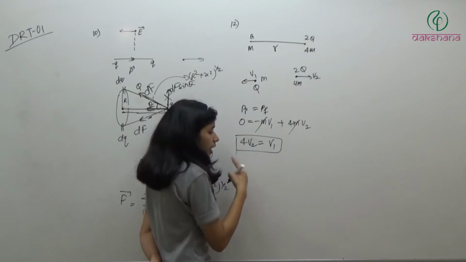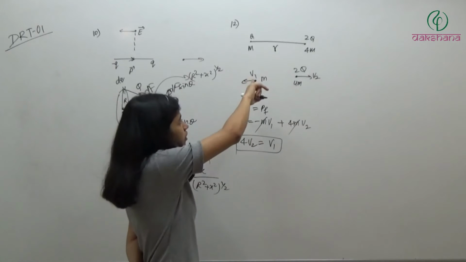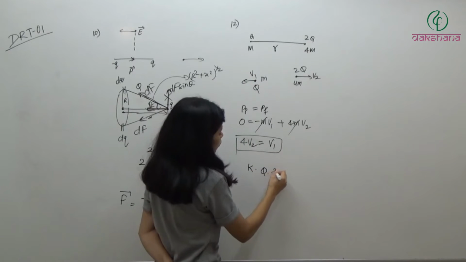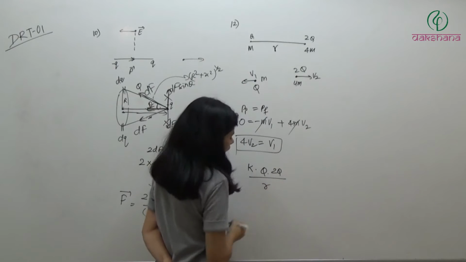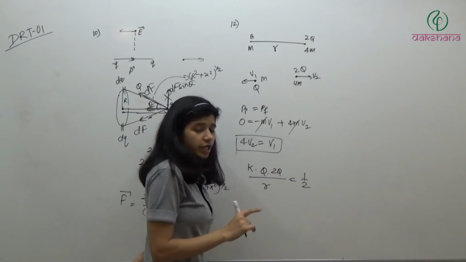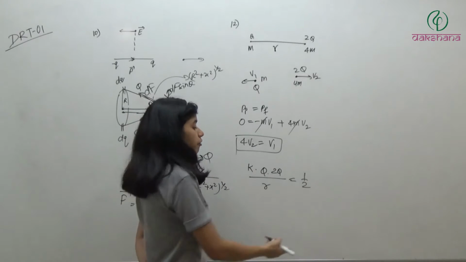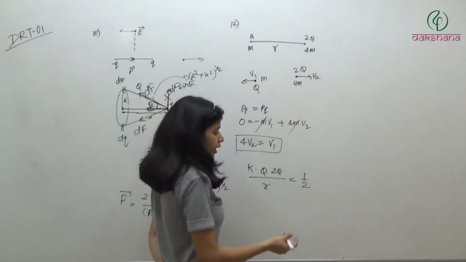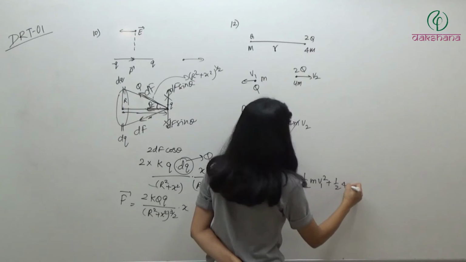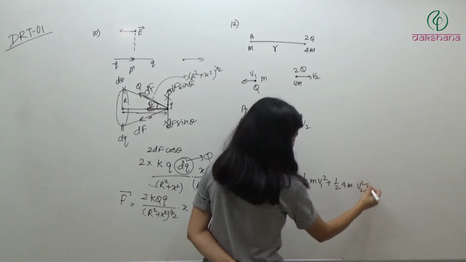Now energy conservation. So initially what do we have? We have potential energy, k Q 2Q divided by r. Initially this is the potential energy, and the kinetic energy is 0. Finally the potential energy is 0, and the kinetic energy is half m v1 square plus half 4m v2 square.